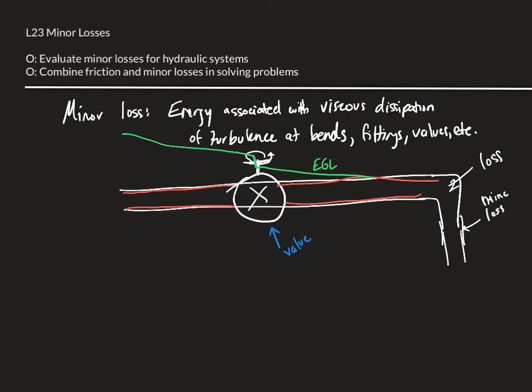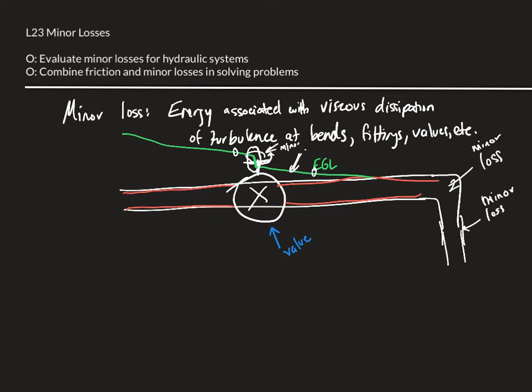Okay, and so they call these minor losses. And the reason they call it minor loss, and I think we're going to see this in a second, is that in the grand scheme of things, per unit length, this is a lot more than what's going on right here, or right here. But usually over the length of the entire pipe, these losses are much greater than these. So these are typically called minor.